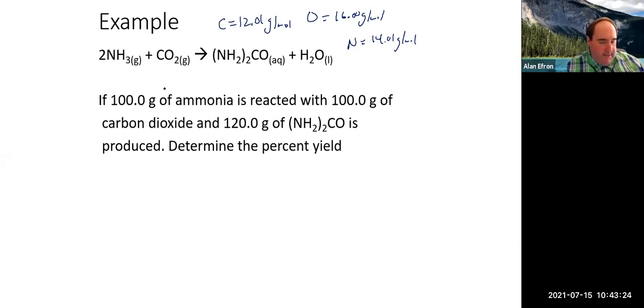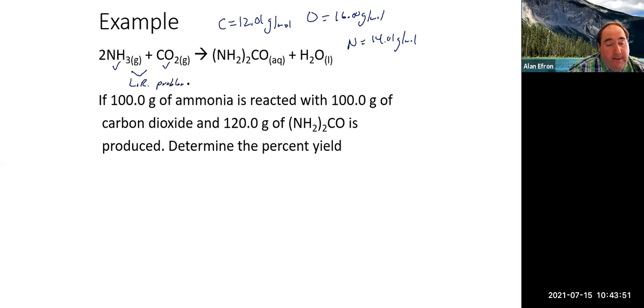Okay, let's take a look here. Here we have 100 grams of ammonia, which is our NH3. We have 100 grams of CO2. And again, we see that we are given the grams of both of our reactants. That means that we definitely are able to get some moles of both of them. And that really is what's going to help you determine that this is a limiting reagent problem.